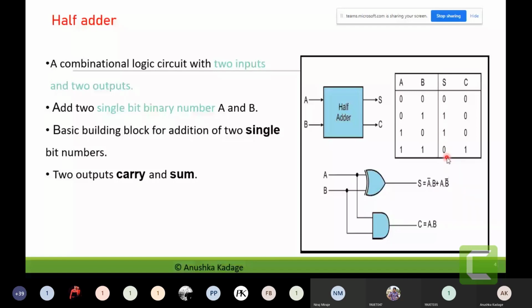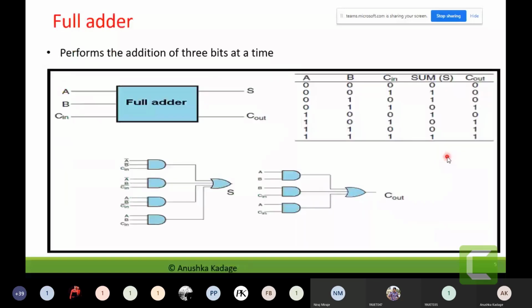But here in this case, 8 possible combinations are present, and because of that, now we have to look at writing the K-map for the 3 variables.